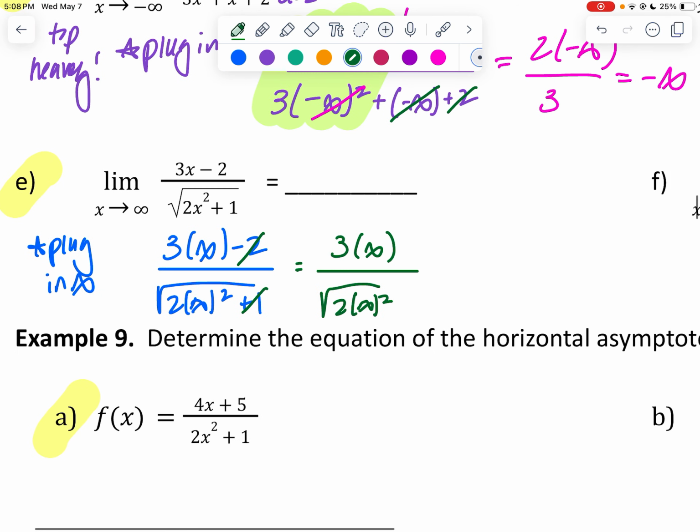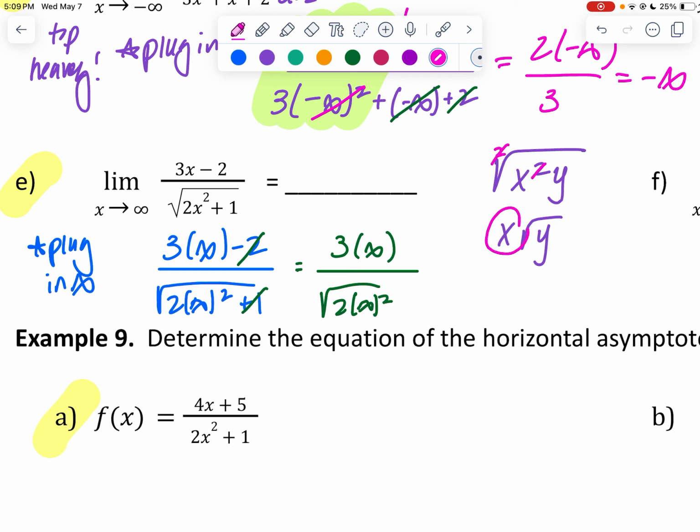Now I want to focus on the bottom. The bottom goes back to simplifying radicals. So if I was simplifying this radical, and this is just an example, of x squared y, the only thing I could pull out is the x, and I'm left with radical y. Because technically a radical is taking 1/2, that means that these guys cancel out.